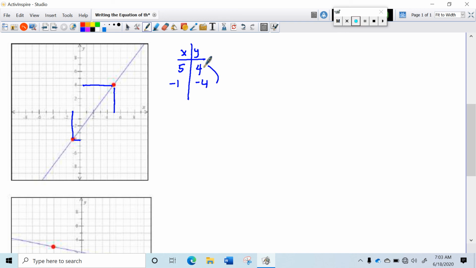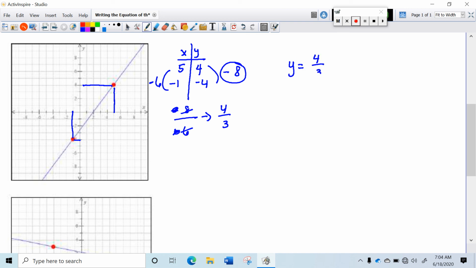Now remember what I said about the signs being opposite? You add the numbers, and this is getting smaller, so it's negative. 4 plus 4 is 8, so -8. And getting smaller, so it's negative. 5 plus 1 is 6. So -8/6. The negatives cancel. Half of 8 is 4, half of 6 is 3. That's my slope, 4/3.